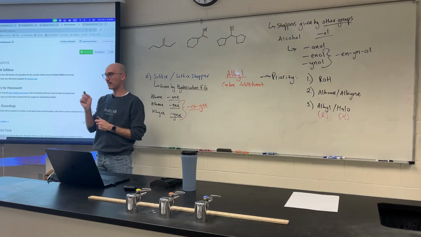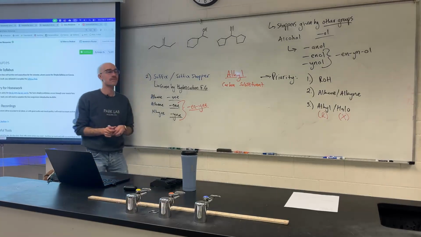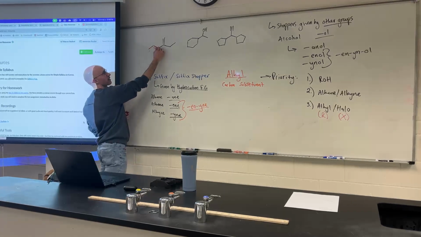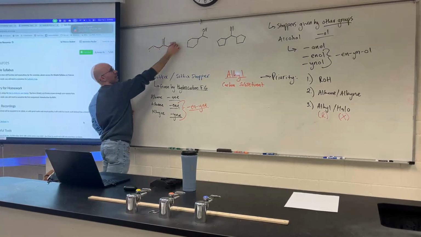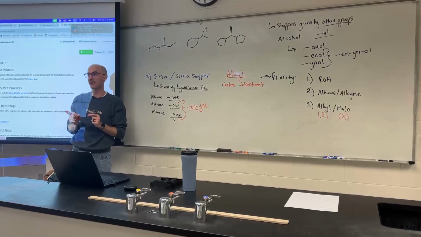Are you seeing why I picked the examples I did? It's to highlight that when there is a higher priority functional group, you don't always go with the longest carbon chain. For instance, you can find 6 carbons across on the compound with this alkene, but then you don't actually include the alkene.